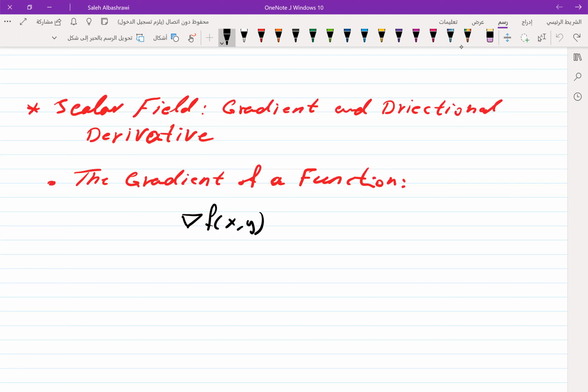So the gradient of a function f of x, y is equal to the partial derivative of f with respect to x, i, plus the partial derivative of the function with respect to y, j. If we have x, y, z, then we will add the third component, which is the partial derivative with respect to z multiplied by k.